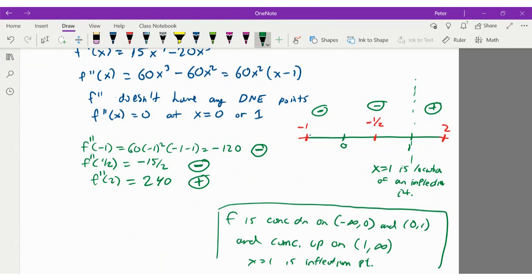Is it not an inflection point because it was x squared? I'm not sure what you mean. I'm sorry, could you clarify the question, Andrew?